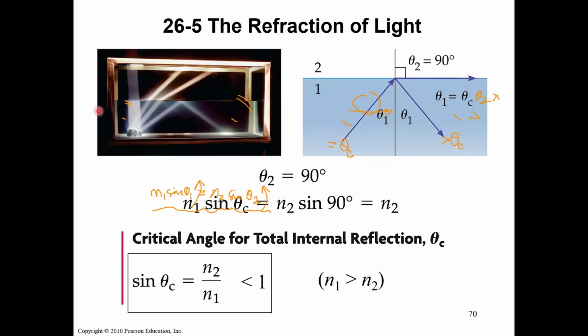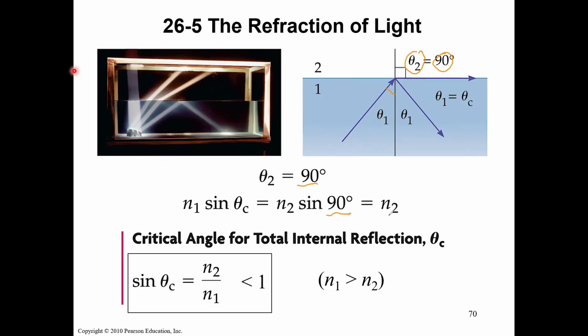Again, we can derive the critical angle. So the critical angle is the angle of incidence where the angle of refraction is 90 degrees. So we plug theta 2 equals 90 degrees into Snell's law.